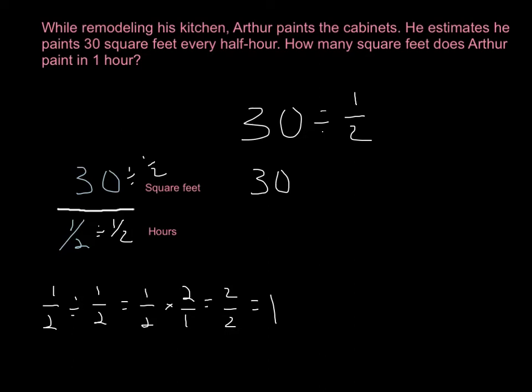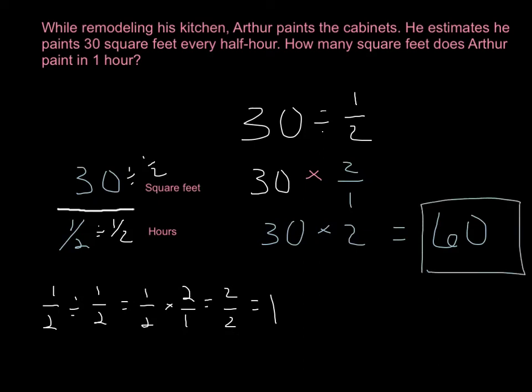I'm going to change my division to multiplication, and I'm going to flip my second fraction. Okay, so I really have 30 times 2 over 1, which is actually just 30 times 2, and that is equal to 60. So what we just figured out is that Arthur is going to paint his cabinets. He's going to paint 60 square feet per 1 hour. Okay, 60 square feet per 1 hour.